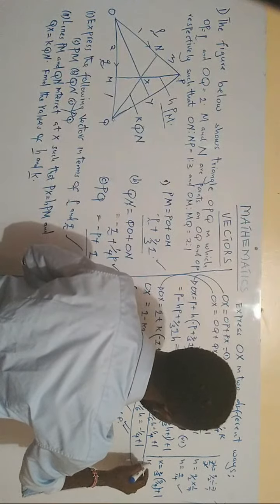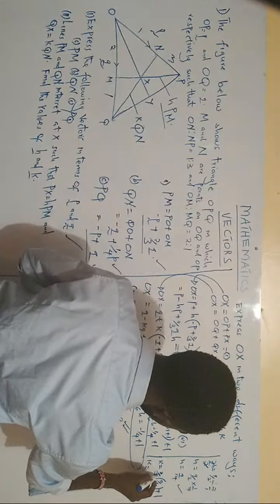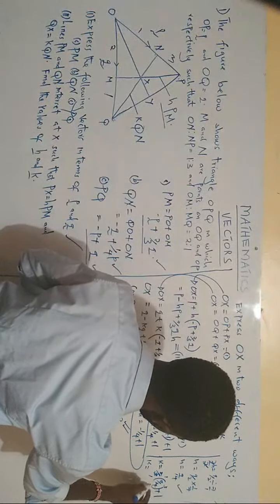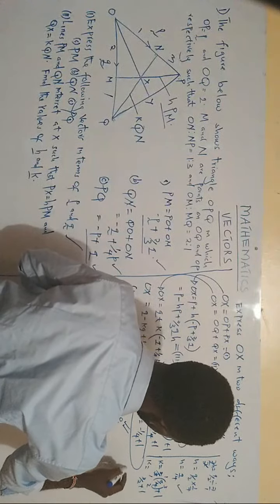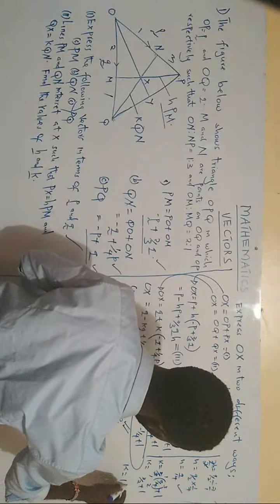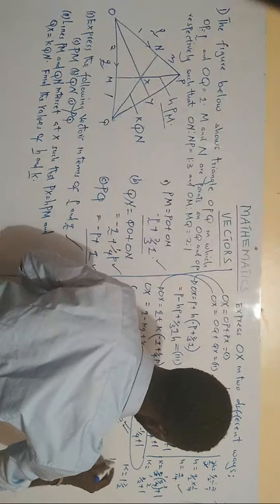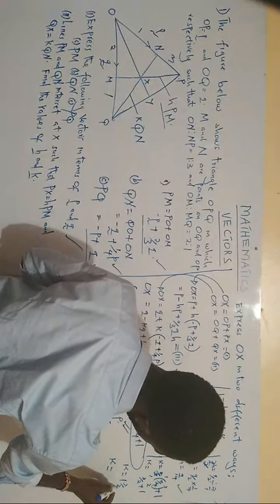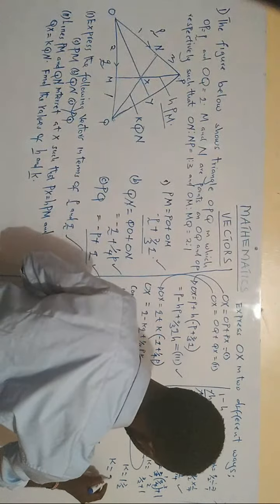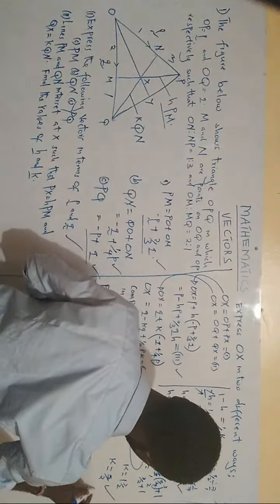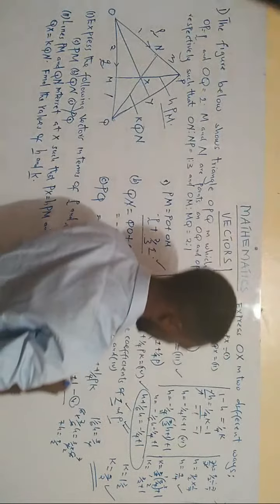And this will be k is equal to 3 out of 2 plus 1. And the k is equal to 1 and 3 out of 2. And the k is equal to, in fraction, 2 times 1, that is 2, plus 3, 5 out of 2. That is the value of k in that mathematics.